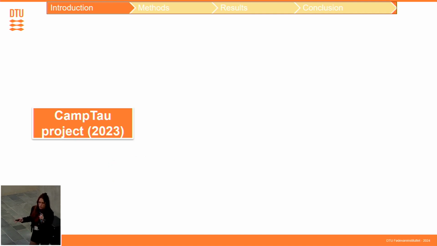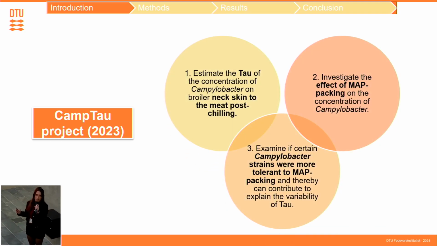So for this reason, this project was created. In 2023 we took the samples, and during this year we were analyzing. It's called CampTau, and we wanted to do three main things. The first was estimating tau with real numbers, taking samples and looking at what is happening in real life.